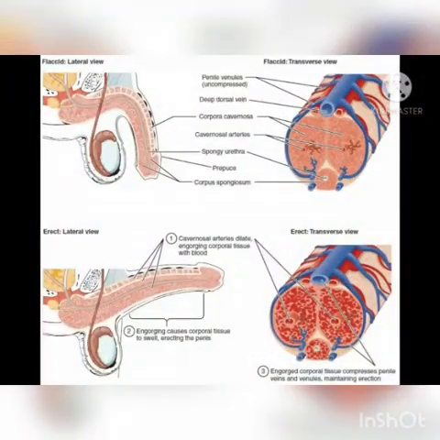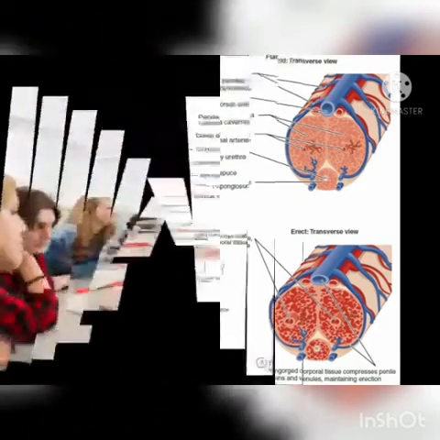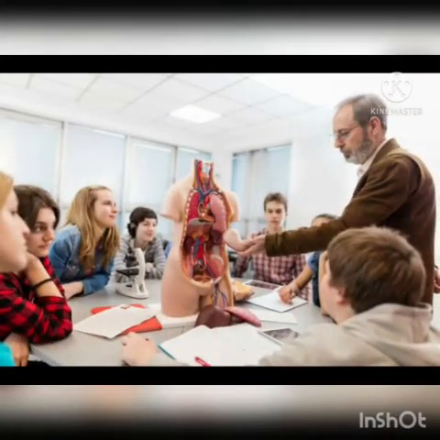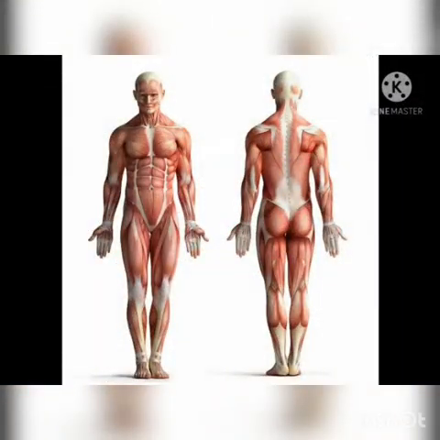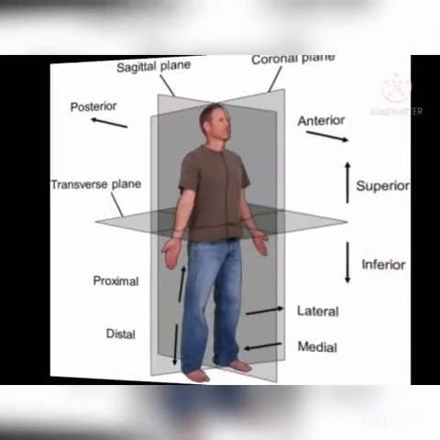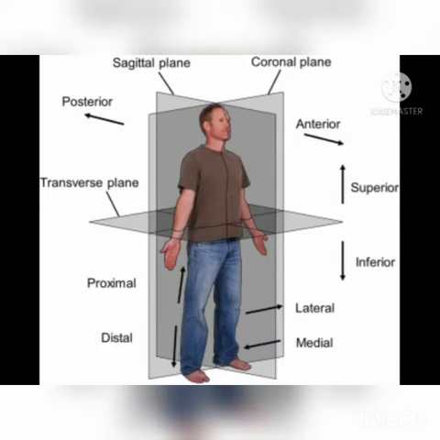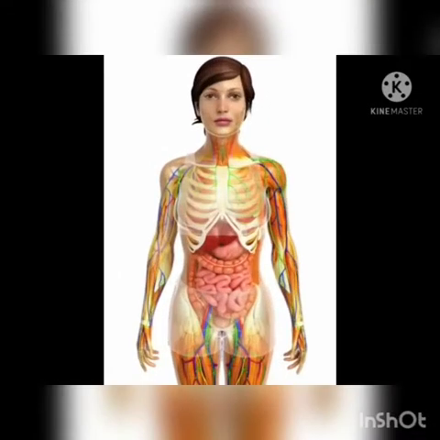Dissection means sectioning, and section means cutting. So the process of cutting a part is called dissection. This is why anatomy and dissection go together. They cannot be separated, because there is no anatomy without dissection.